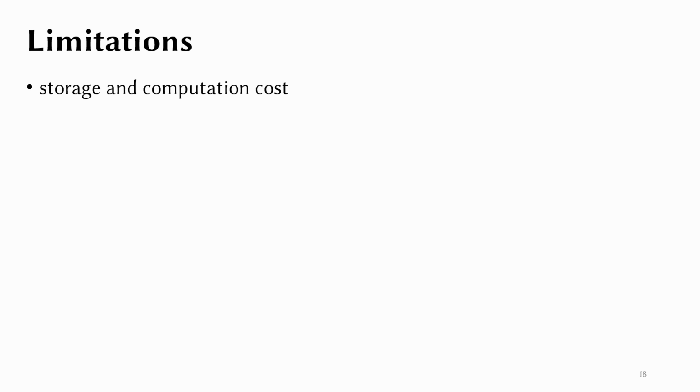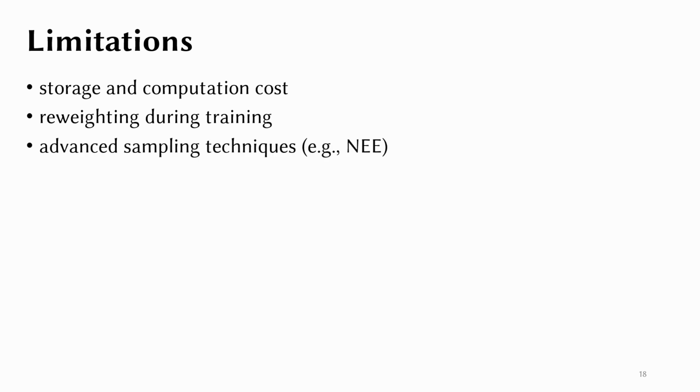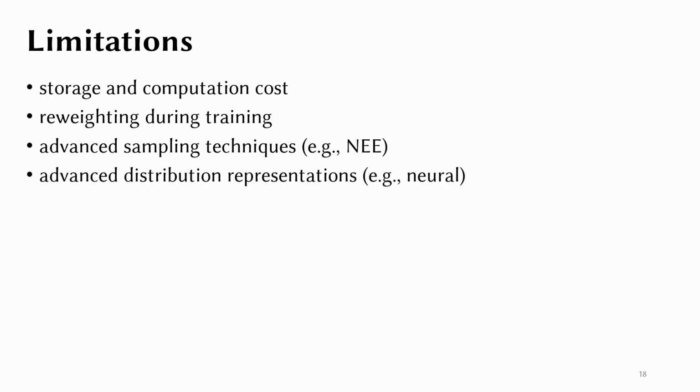There may be some further variance reduction potential by reweighting during training, which also aligns with the original adaptive multiple importance sampling. However, we found the bias is higher, and the variance reduction is not evident. Finally, how to adapt our method to advanced sampling techniques and complex distribution representations still deserves future work.